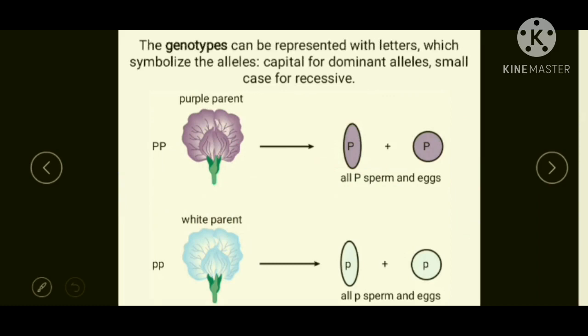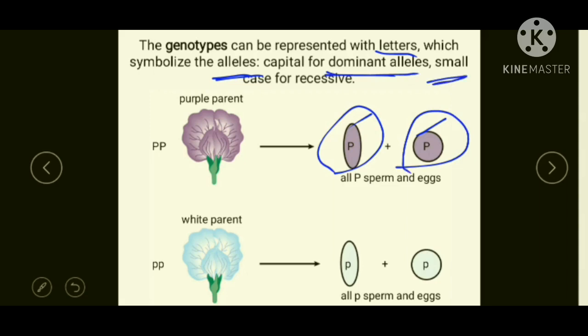Here, the genotypes can be represented with letters, which symbolize the alleles. What do these letters represent? The alleles. The capital one represents a dominant allele, and the small case is for the recessive alleles.